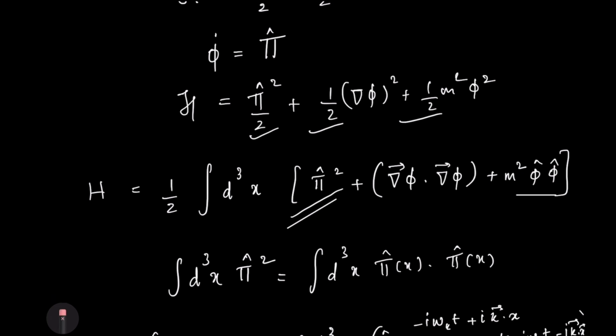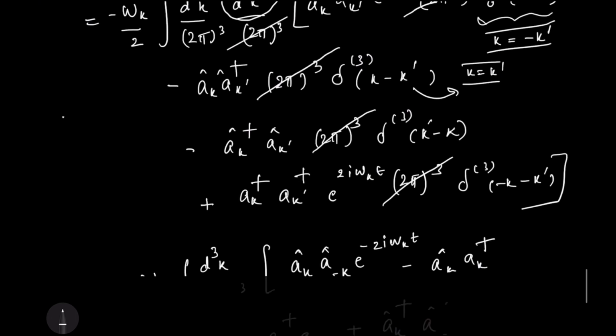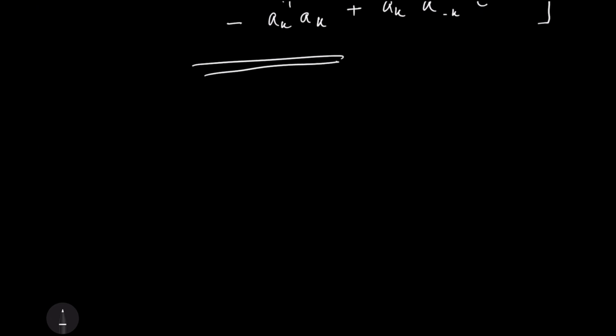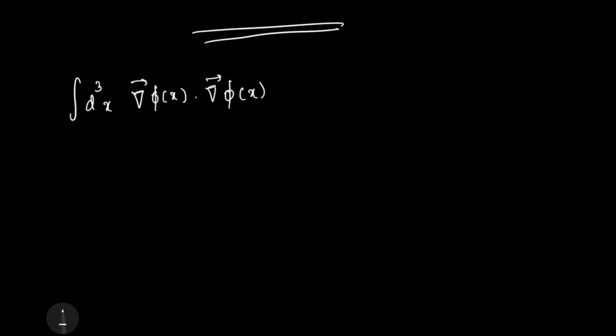Now I have to do the integration of the second term. Integral d cube x, gradient of phi of x. So again I have to substitute.